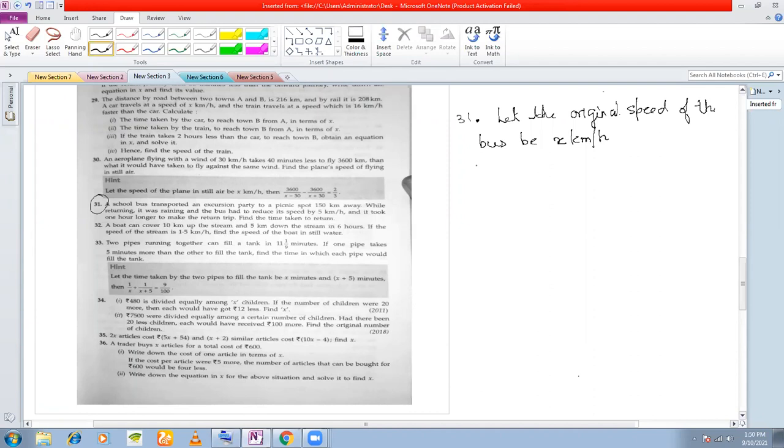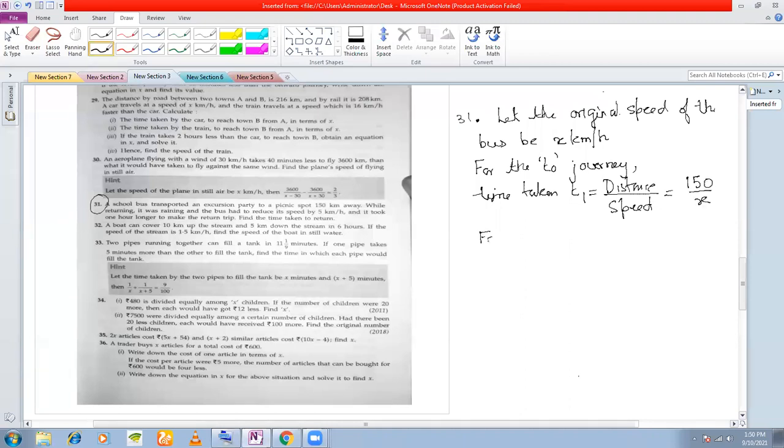So for the two journeys, when reaching the picnic spot, what is the time taken? Let's say t1 is equal to distance by speed. Distance is given to be 150 and the speed is x.